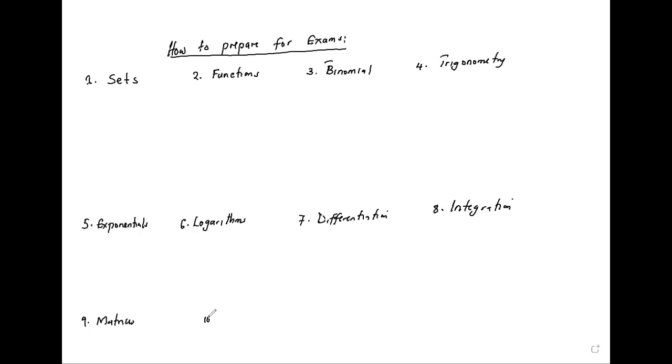And then we have vectors. These are the topics that we're dealing with in this exam, and that is for 1120. For 1100, it's no big deal. You don't have vectors, but you still have matrices. So we have sets, functions, binomial, trig, exponential, logs, differentiation, integration, matrices, vectors.